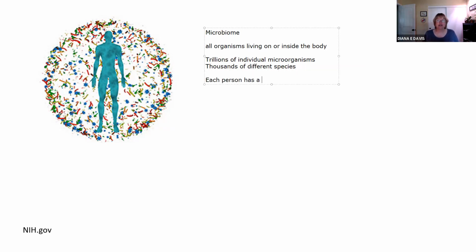Each person has a unique microbiome. So it's a unique collection of organisms. You are going to have certain organisms that your parents do not have, that your partner does not have. Our life experiences impact what we have as our microbiome. We get our first microbes during birth from mom. And we do know that vaginal birth does a better job of getting our new microbiome started.